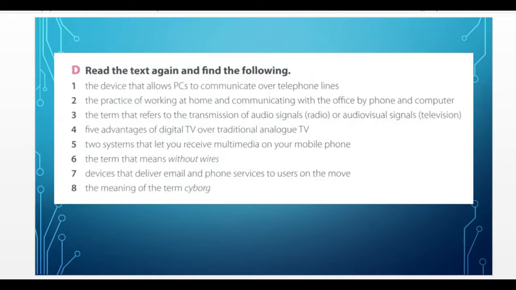Device that allows PCs to communicate over phone lines, the practice of blogging at home, the term that refers to the transmission of audio signals, 5 advantages of digital TV over traditional analog TV, 2 systems that let you receive multimedia on your mobile phone, the term that means without wires, devices that deliver email and phone services, the meaning of the term keyboard.